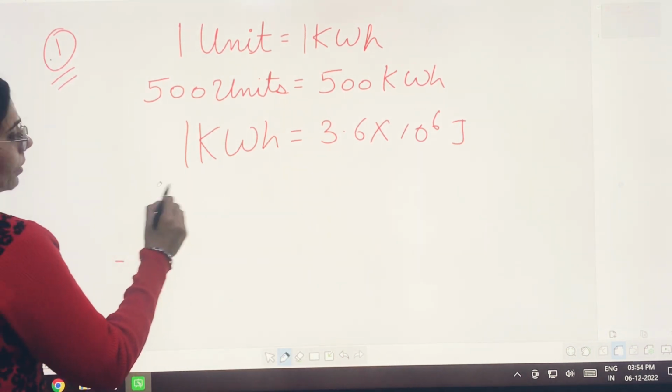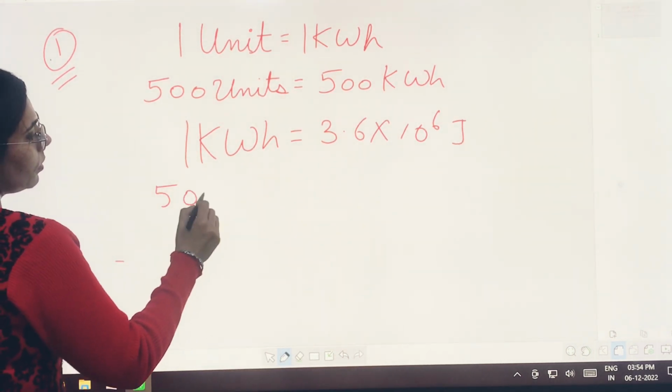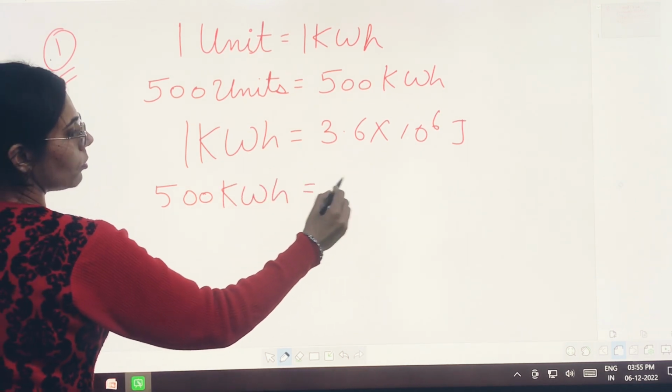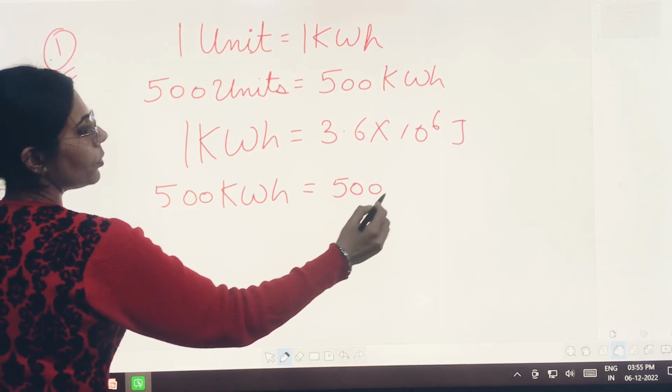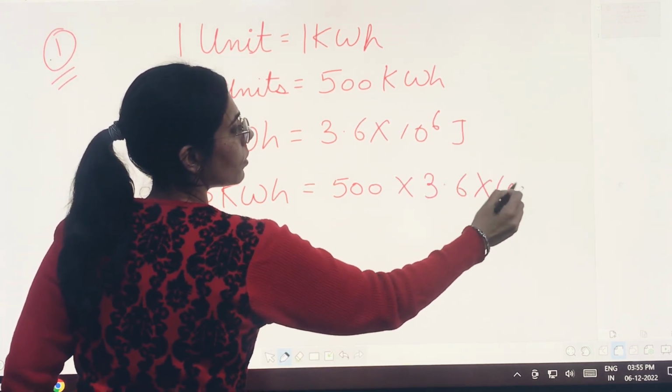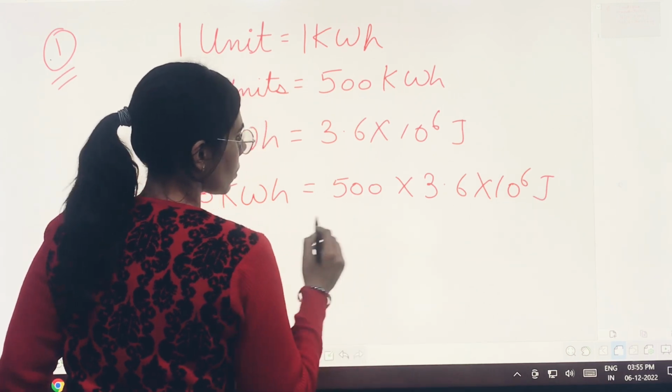So 500 kilowatt hour will be equivalent to 500 into 3.6 into 10 raised to power 6 joules.